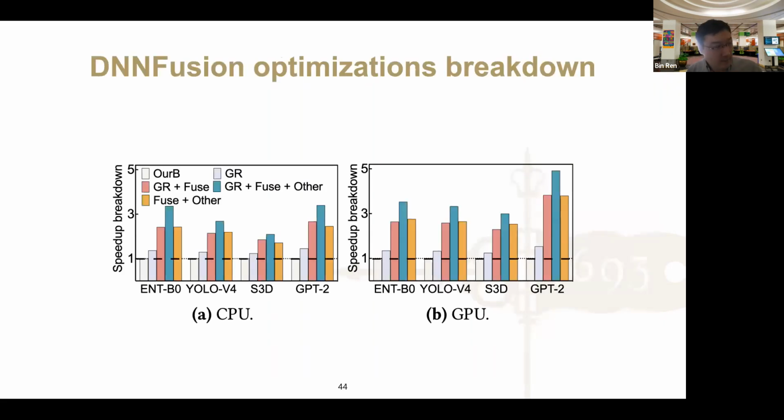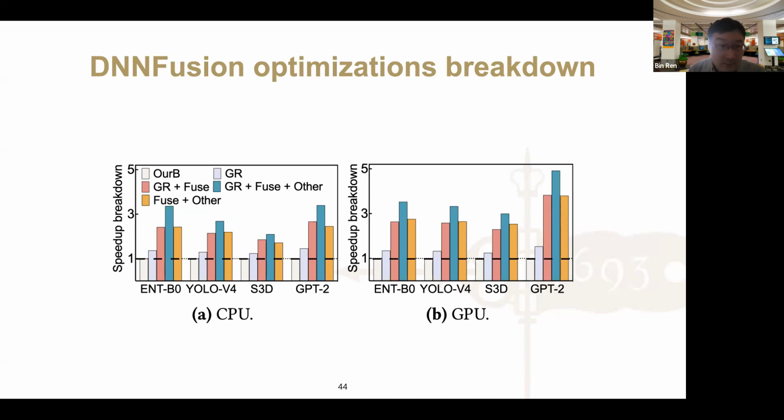So let's do some application study or breakdown study here, to analyze the effect of different kinds of DNN fusion optimization techniques. So again, the x-axis shows different kinds of models, and the y-axis shows the normalized speed up, and the higher the better.